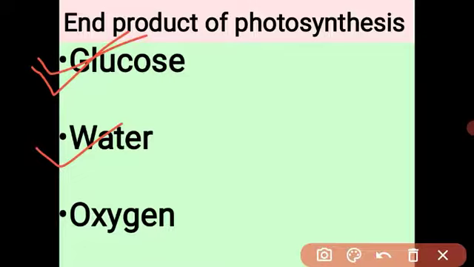And you know that oxygen is liberated by the plant into the atmosphere, and some small amount of oxygen is taken by the plant for respiration, but a large amount of oxygen is diffused out into the atmosphere, and this oxygen is not waste, because all living organisms depend on oxygen for respiration.